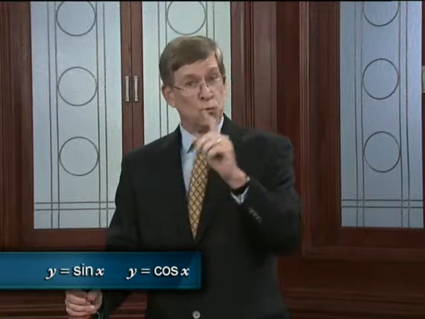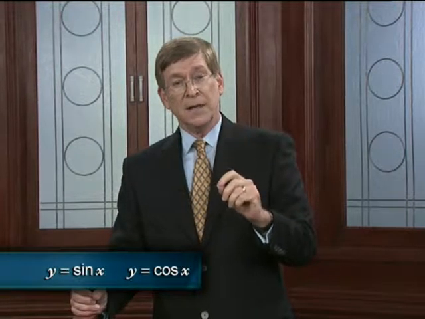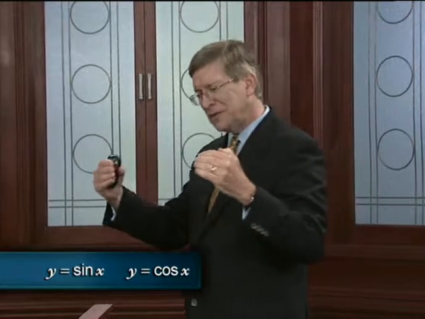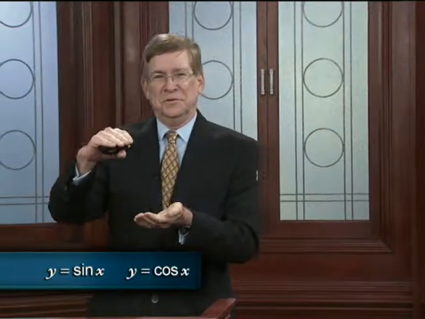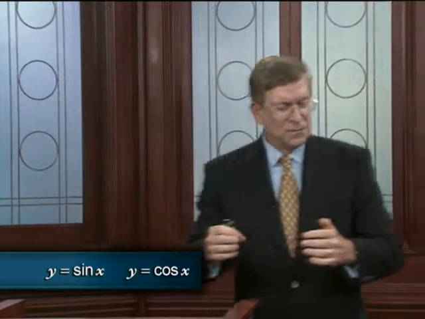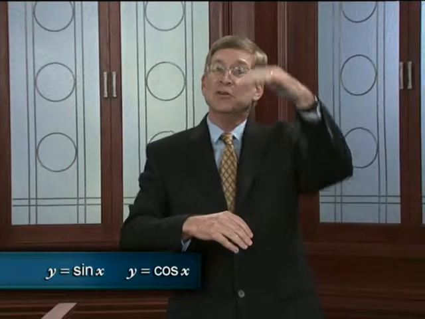The amplitude is 1 for these functions. Then we spent a lot of time changing the amplitude, changing the period, shifting them horizontally, and then shifting them vertically. All of those involved more complicated expressions, but the bottom line is they all pretty much look like sine functions or cosine functions, just moved around a little bit.